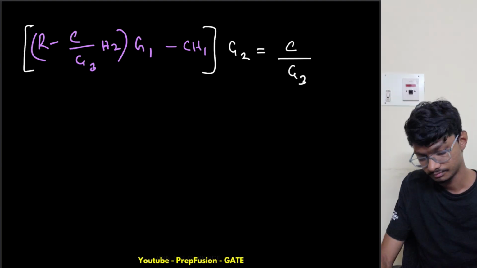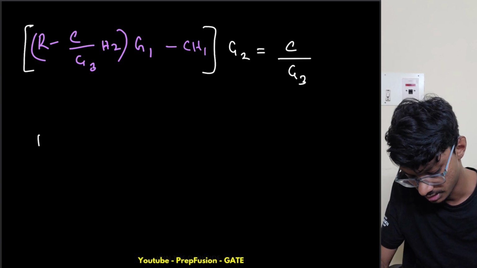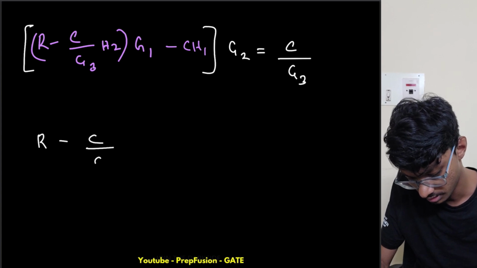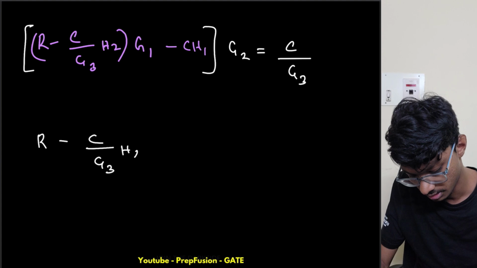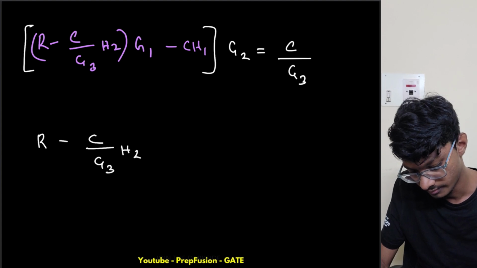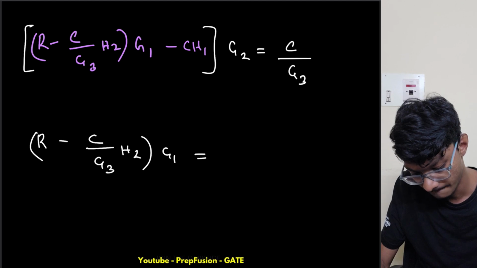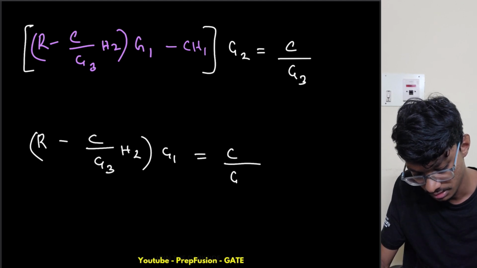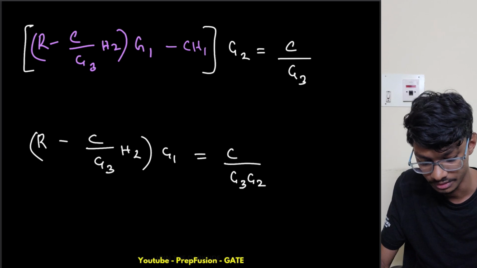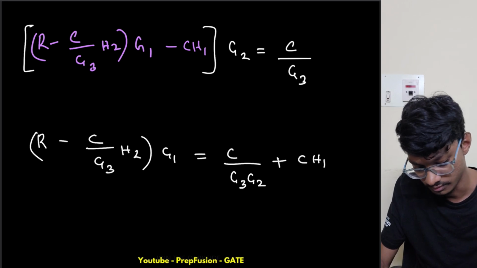So I will divide this by G2 here, and we are left with H1 only. This should multiply by G1. This is just algebraic calculation; you can do it for yourself also.